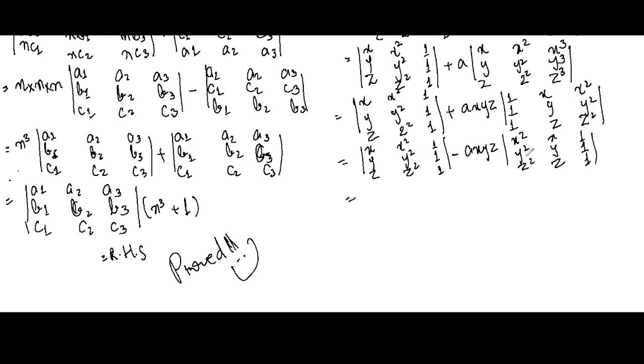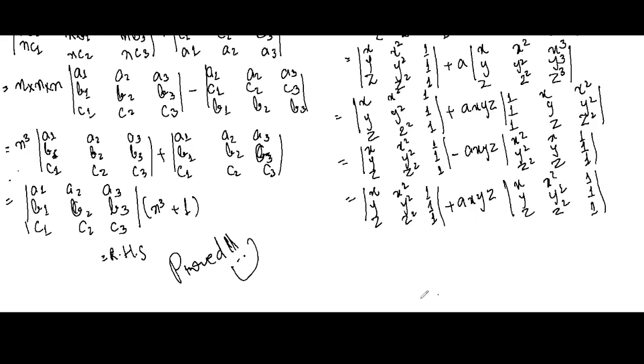Now again we'll have to shift these two columns for the same reason. So x, y, z, x square, y square, z square, 1, 1, and 1. Then this negative sign will be changed to positive because we again have to do a swap. And then we have x, y, z, x squared, y squared, z squared, and 1, 1, and 1.